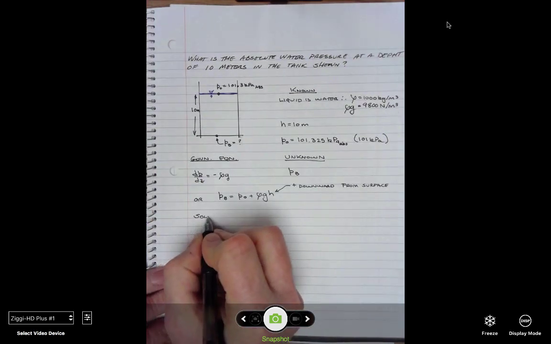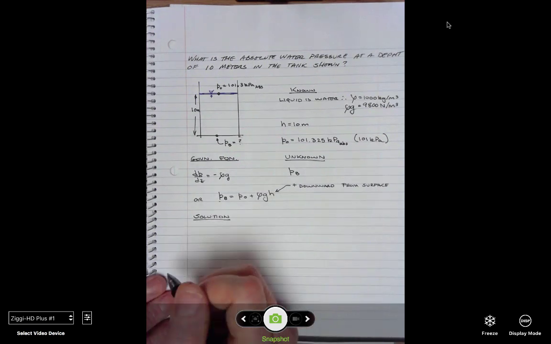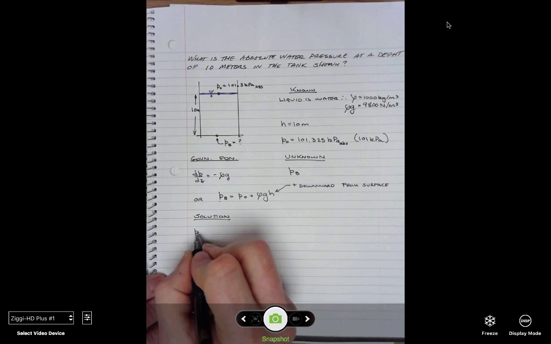Solution. Well, let's apply this version of the equation. All we have to do literally is substitute numerical values.